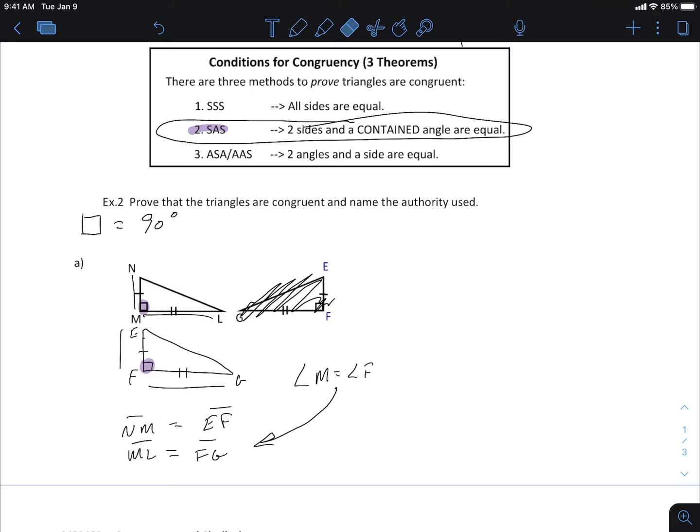You could also find that if we had another triangle down here, maybe you have two angles that are the same and one side length. That would be congruent as well. Does everybody have questions? Again, not a whole lot I can ask you with this aside from, are these two triangles congruent?